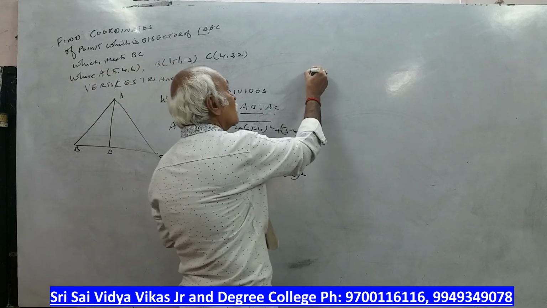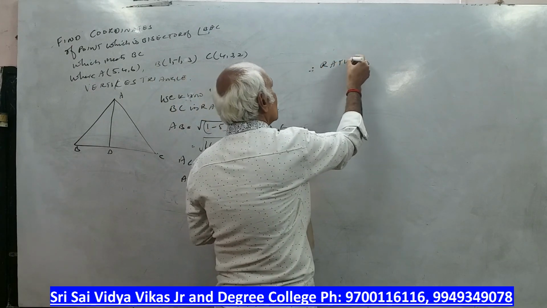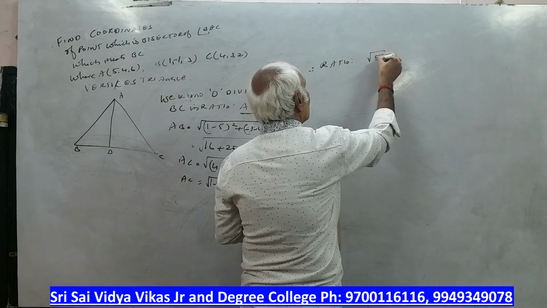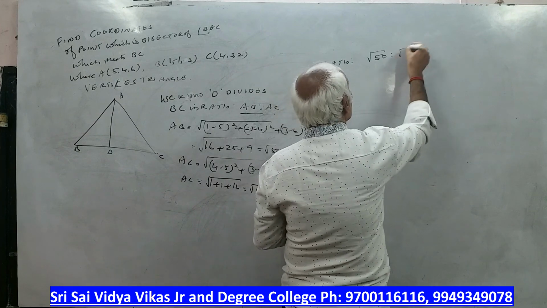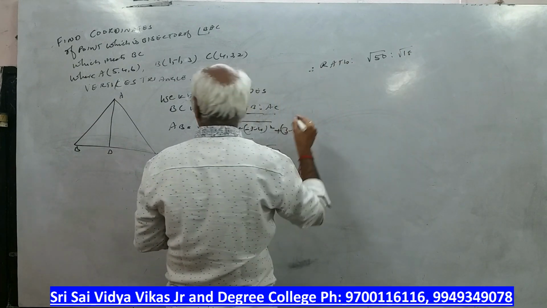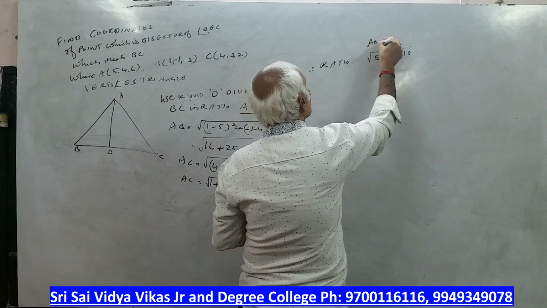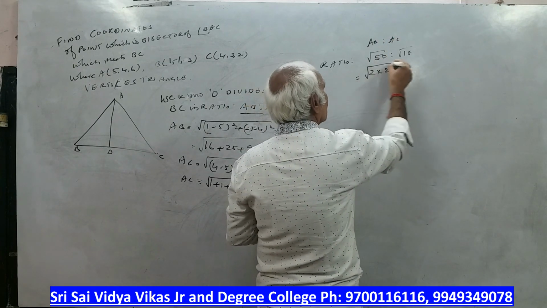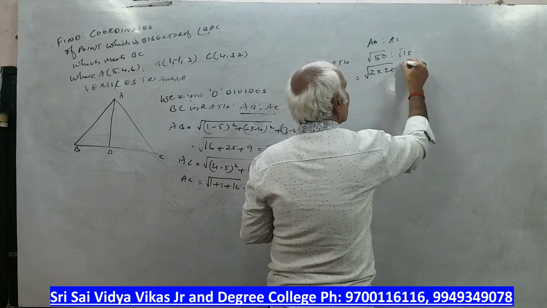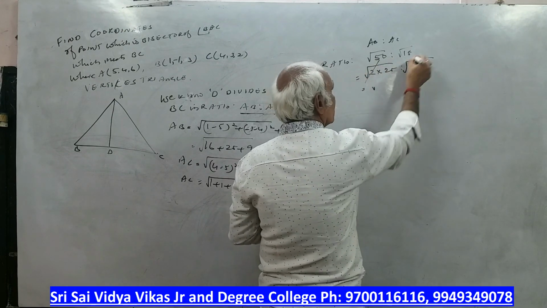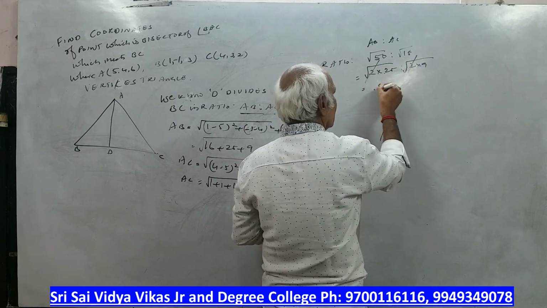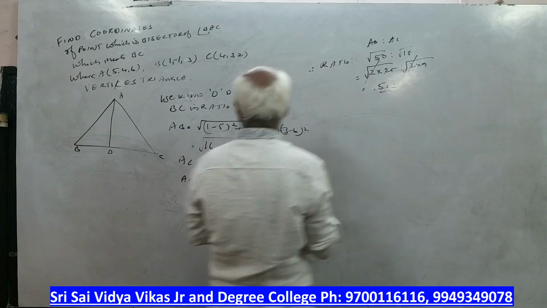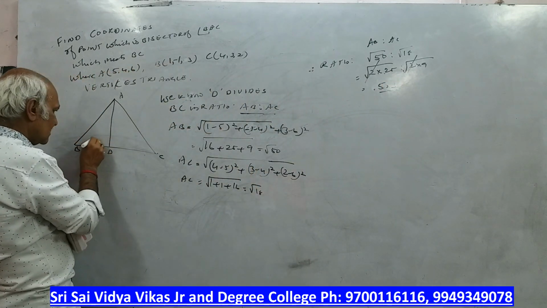Therefore the ratio AB is to AC is root 50 is to root 18. 50 can be written as 2 into 25 and 18 as 2 into 9, so the 2 gets cancelled. Root 25 is 5, root 9 is 3. So the ratio we get is 5 is to 3.